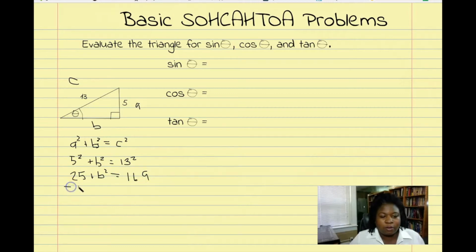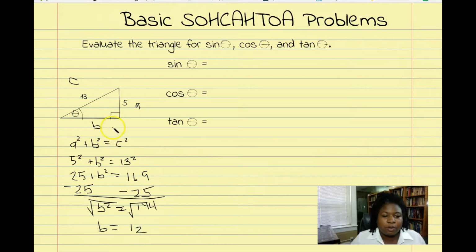And if we follow through with our algebra rules, we subtract 25 from both sides, and we get b squared equals 144. And we take the square root of each side, and we get b equals 12. Okay? So now we know that this side is 12.